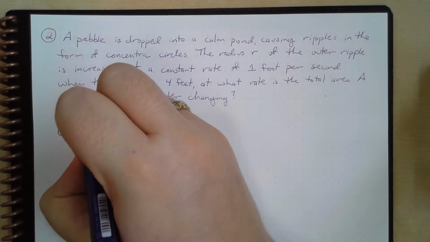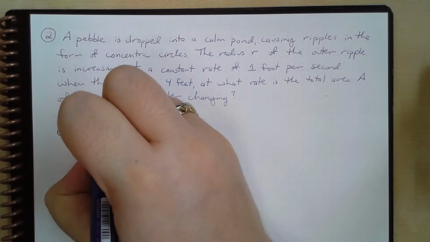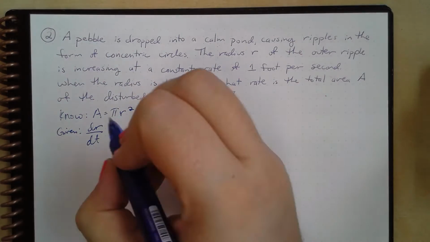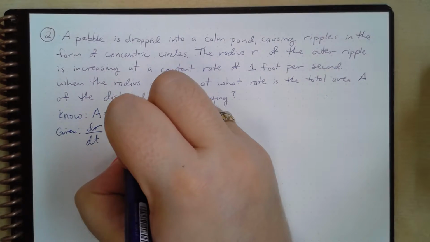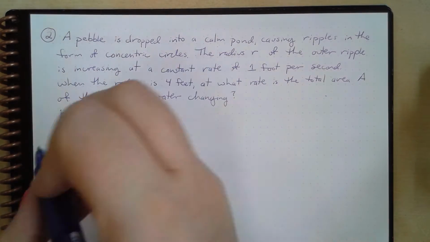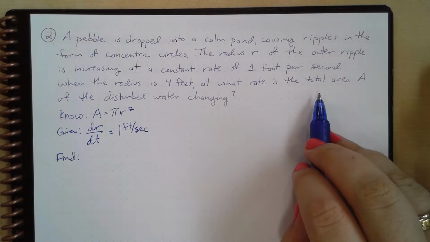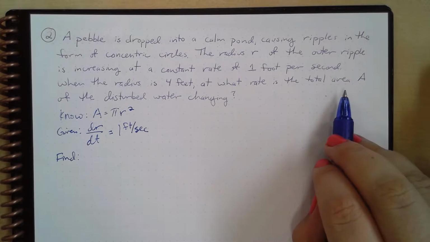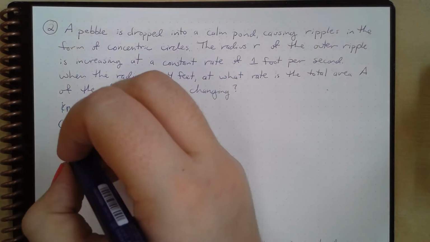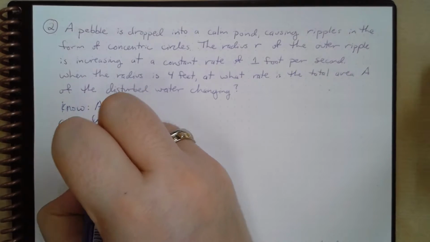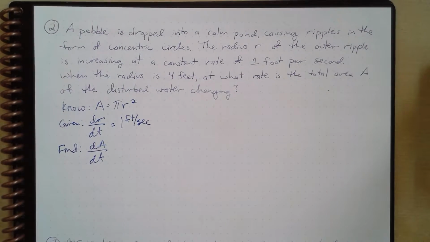So dr over dt, the change of the radius with respect to time, is equal to 1 foot per second. And we want to find, at what rate is the total area of the water changing? So we're asked to find dA over dt, right?